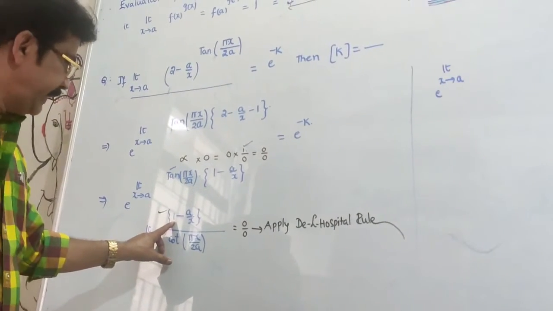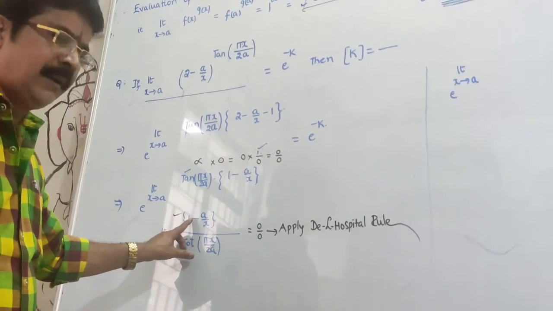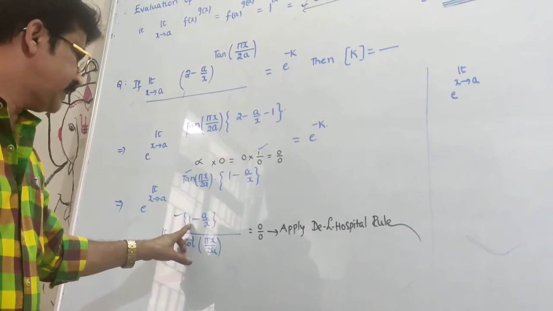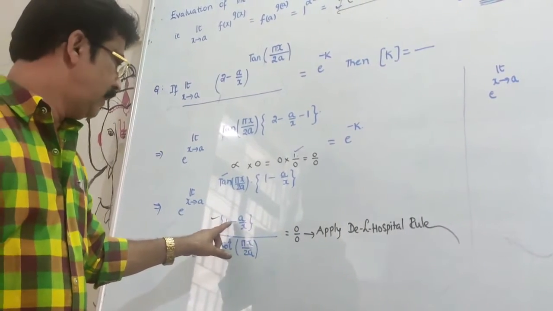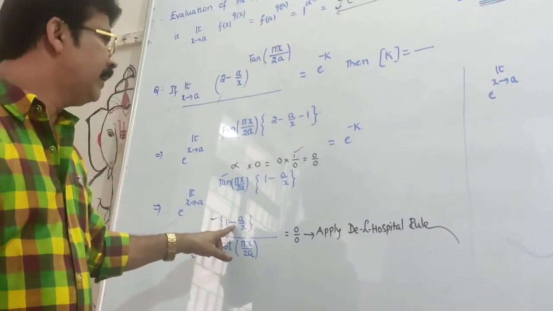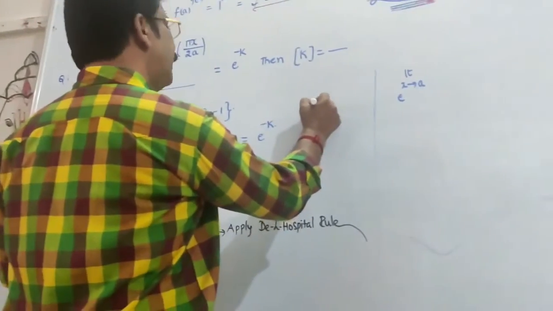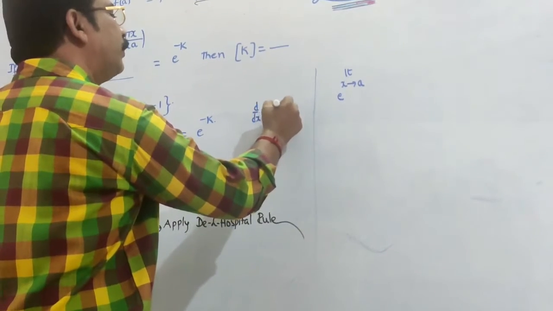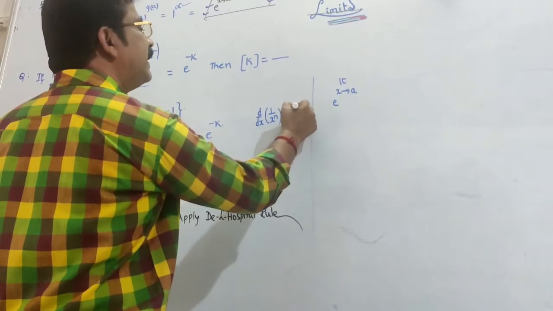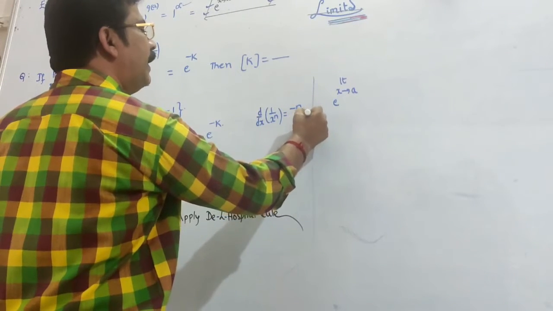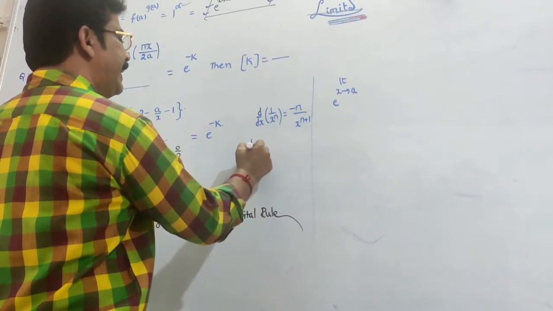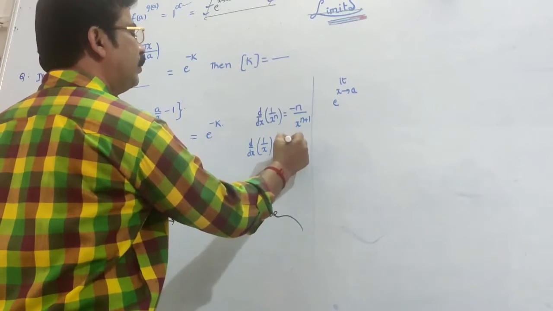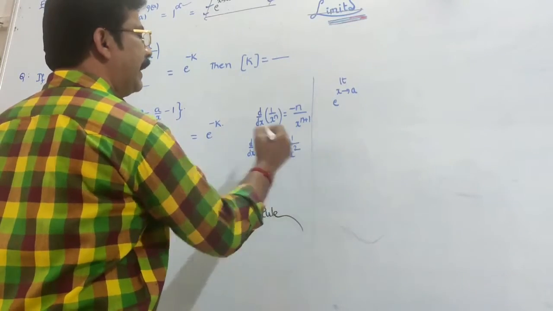Completely this function is in terms of x, that's why we have to differentiate with respect to x. Next, d by dx of 1, that is 0, minus a divided by x. Here d by dx of 1 divided by x power n is minus n divided by x to the power of n plus 1.